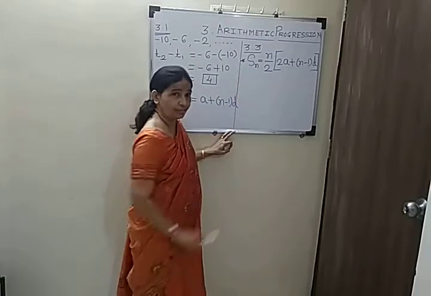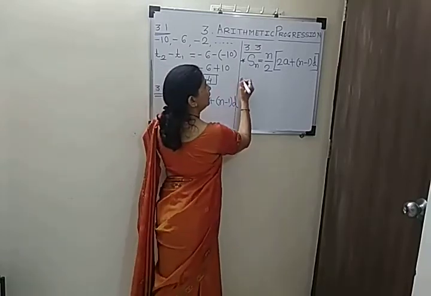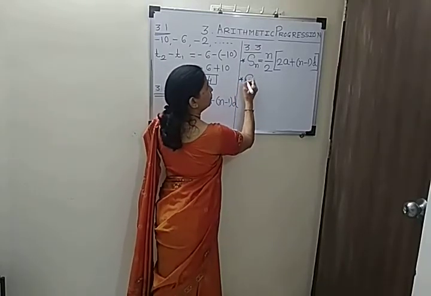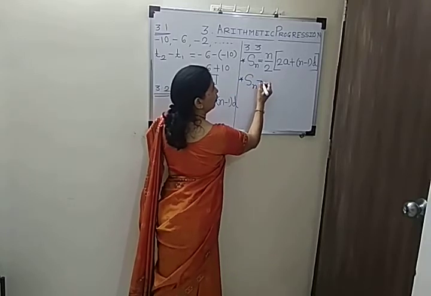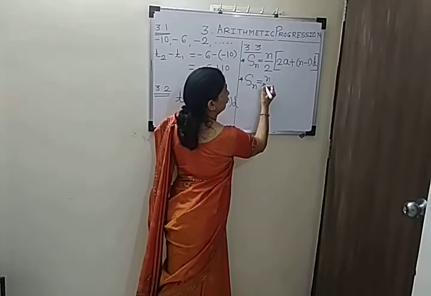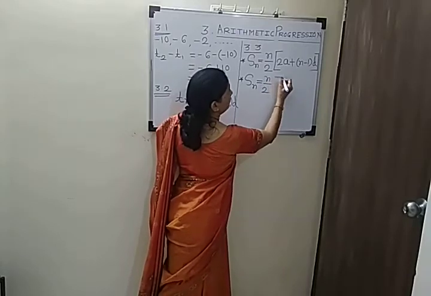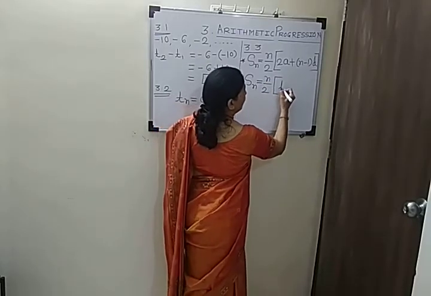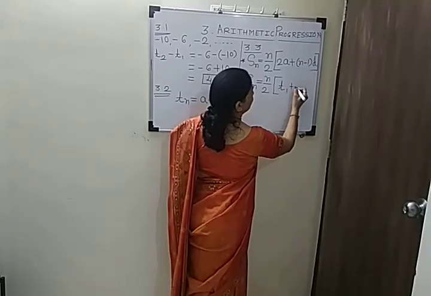In 3.3, we learn another formula also, which was Sn is equal to n upon 2 in bracket T1 plus Tn.